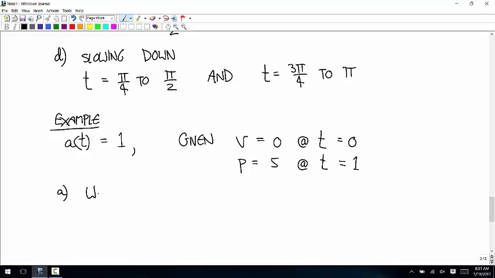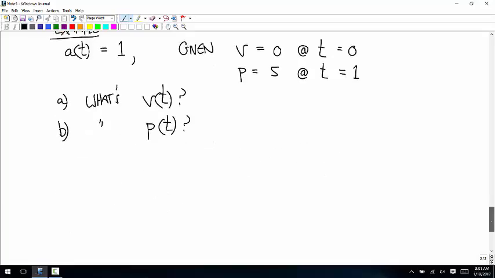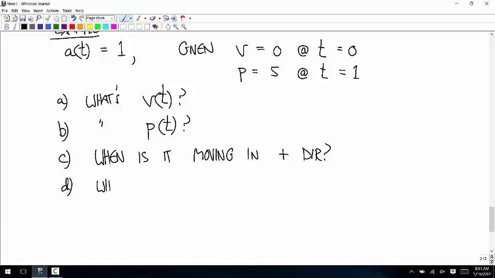So first, what's the velocity as a function of time? Second, what's the position as a function of time? Third, when is it moving in the positive direction? And fourth, when is it speeding up?